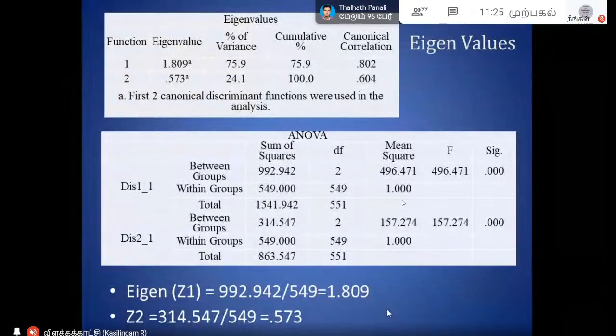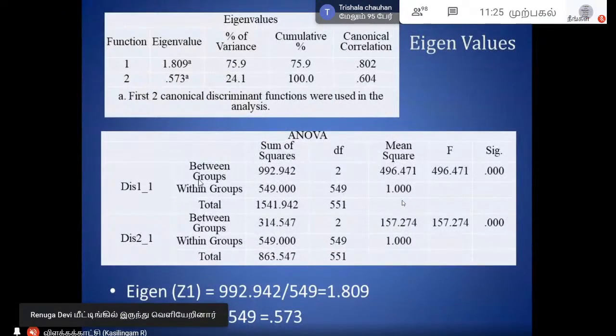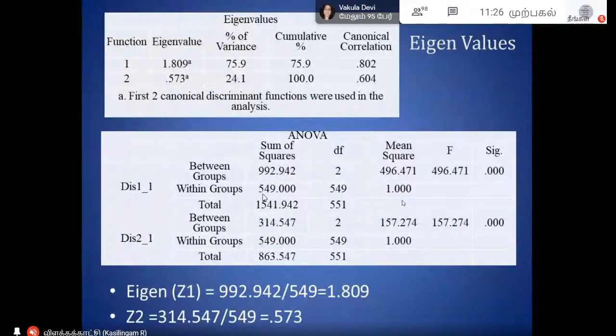So it says between groups, that is 992, divided by within groups, that is 549. That is 1.809. Now for the second function, between groups 314 divided by within groups, that is 549.